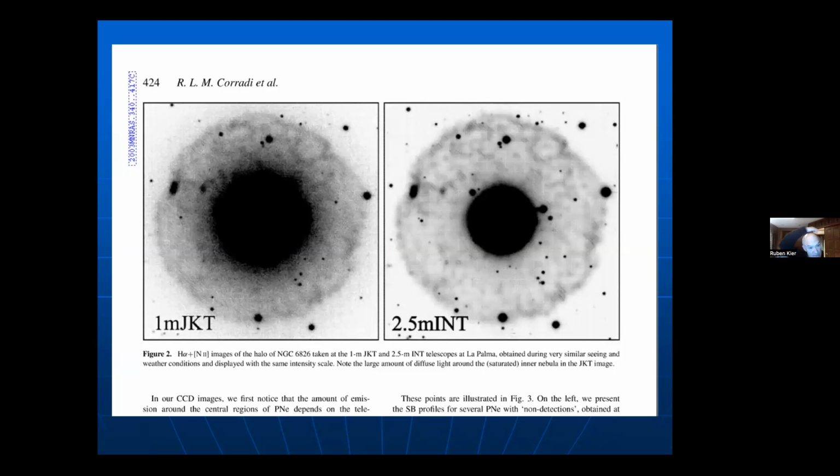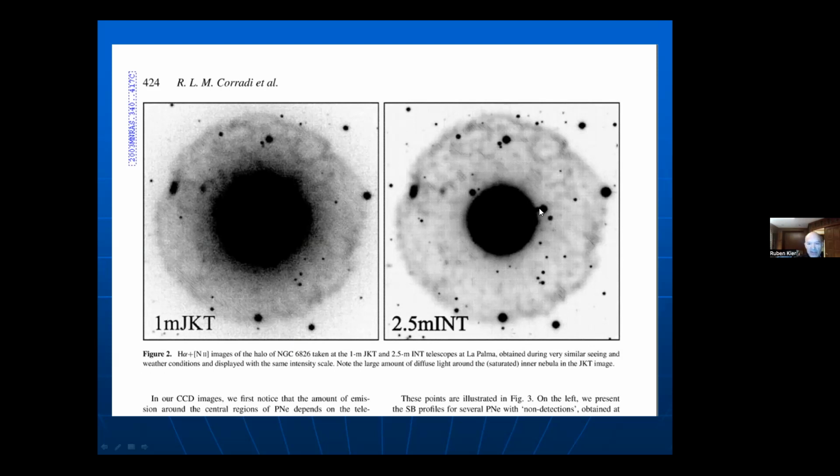So this is from that article from Dr. Karardi, working at the telescopes in La Palma and the Canary Islands. And these are just two of their pictures of NGC 6826, a planetary nebula. And just to compare to mine, I'll show you in a minute.